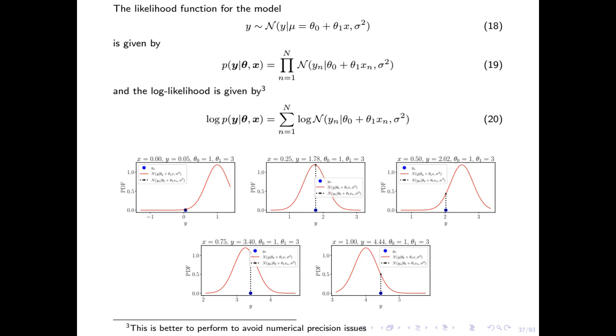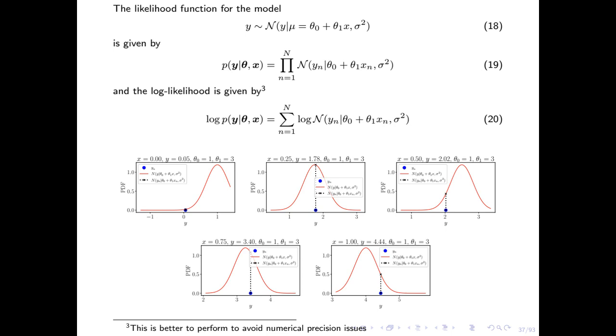We can also calculate the log likelihood. If we calculate the logarithm of this, the log of this is equal to the sum of the log of the Gaussians. So we can sum the log of the heights if we want. I'm not really going to emphasize this as strongly in this presentation, but equation 20 is much better to use because of numerical precision issues.